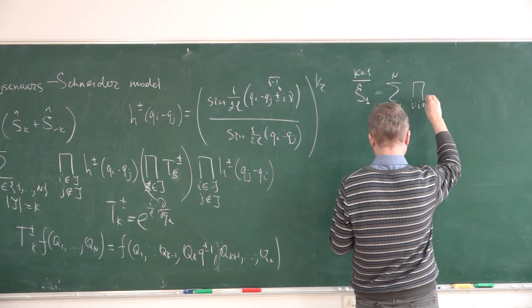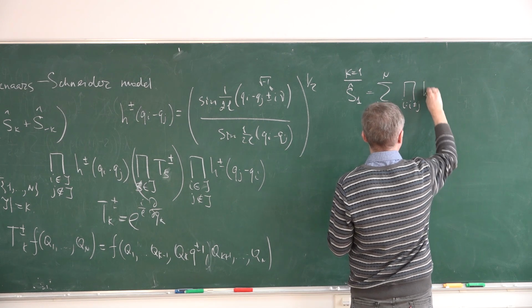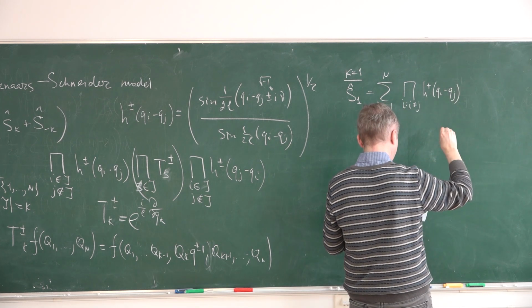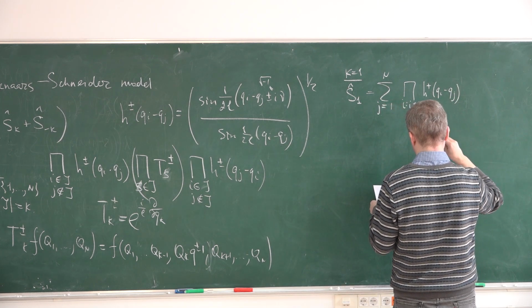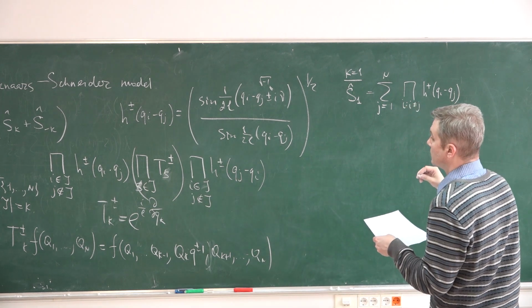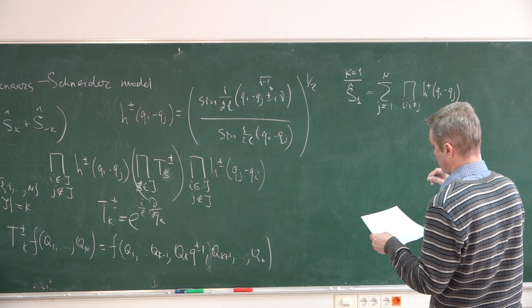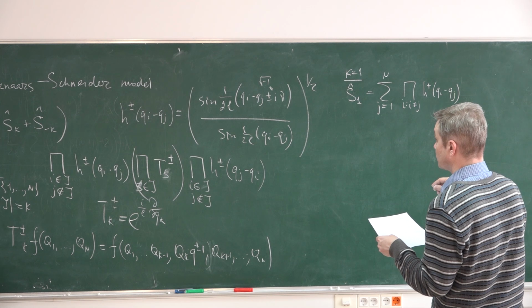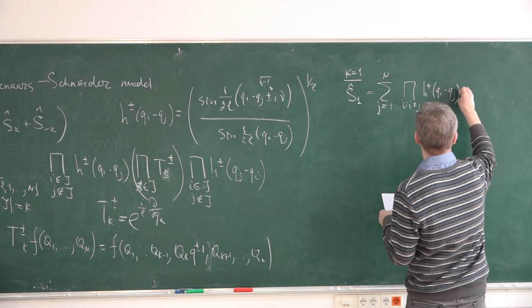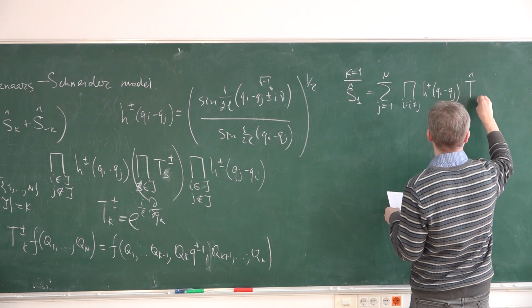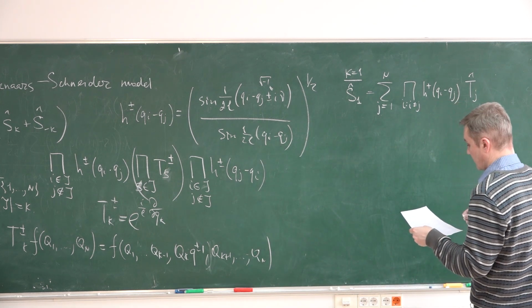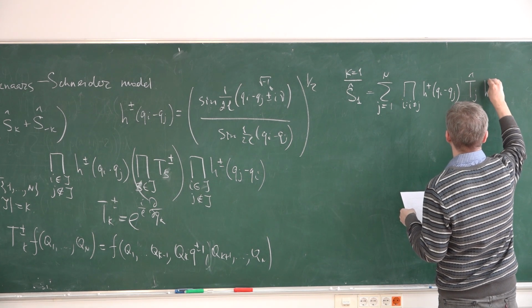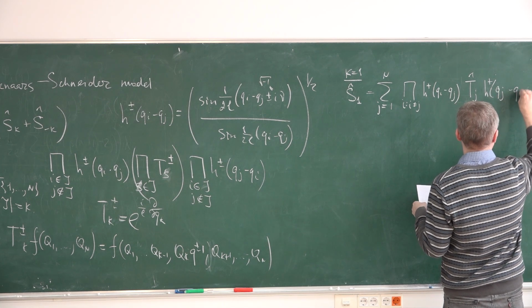And here we have h plus of qi minus qj, and we should put here Tj, and here we should also put h plus of qj minus qi.